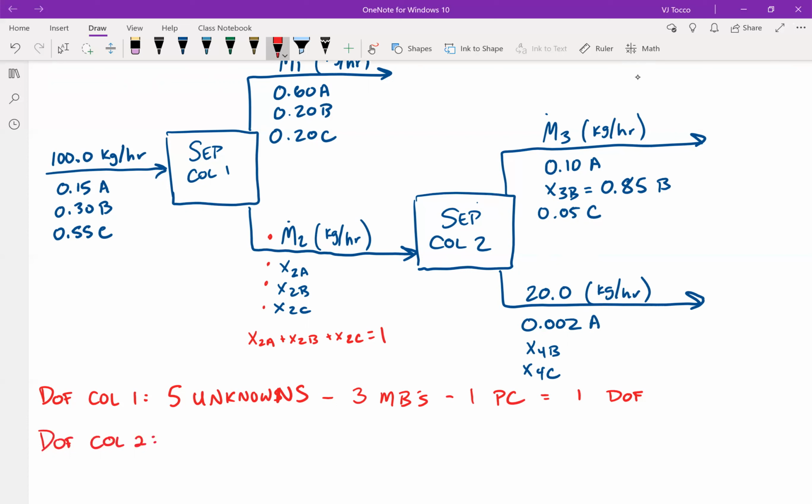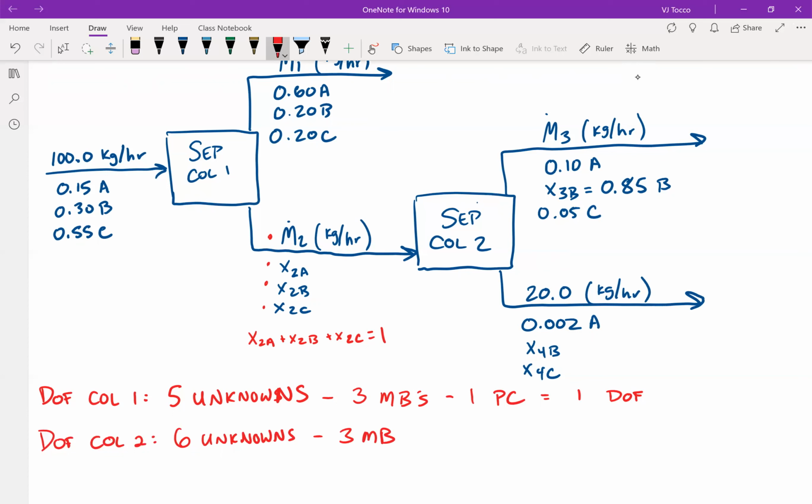But back to the degree of freedom analysis on column 2, I've got the 4 unknowns from the stream that is coming in. I've got M3, which is unknown, so that's 4, X4B, and X4C. So that is 6 unknowns. So plenty of unknowns here. Minus the same 3 material balances.